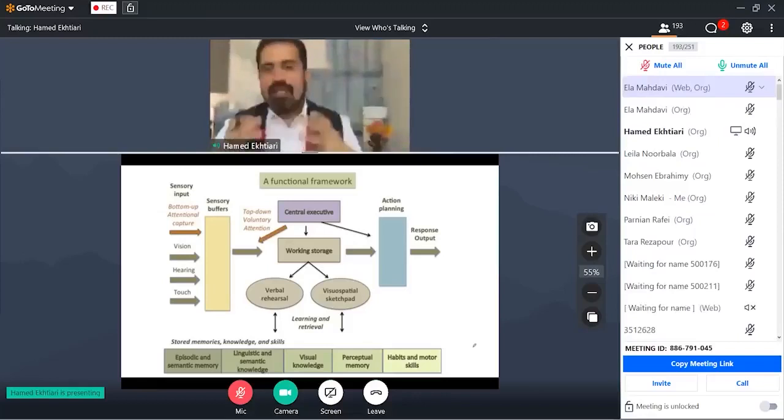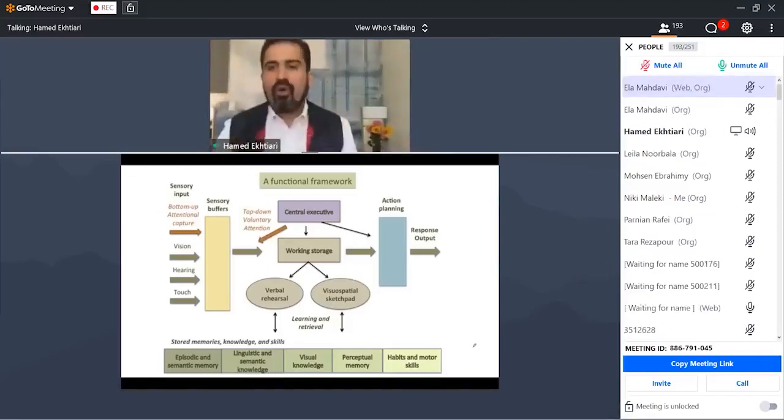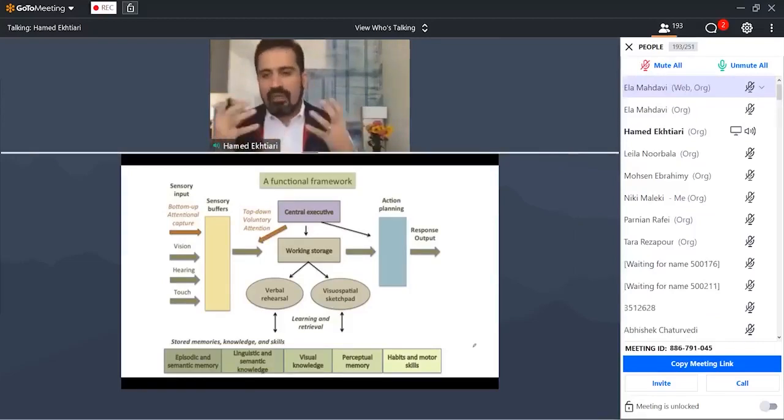So that is what we call a functional framework, or a cognitive architecture. This is just a simplified map about the major cognitive functions that are involved in our brain. Okay?